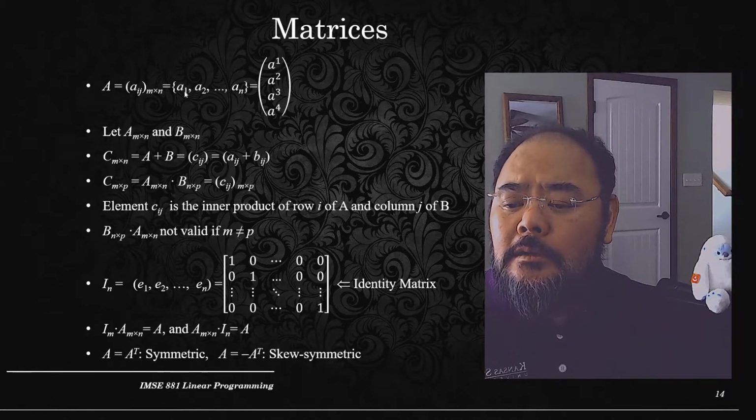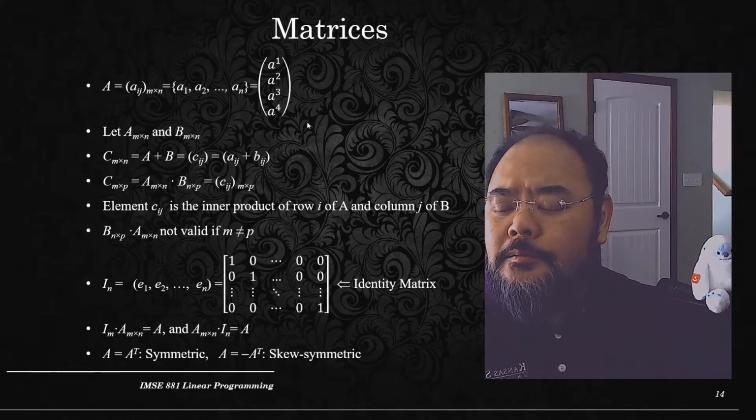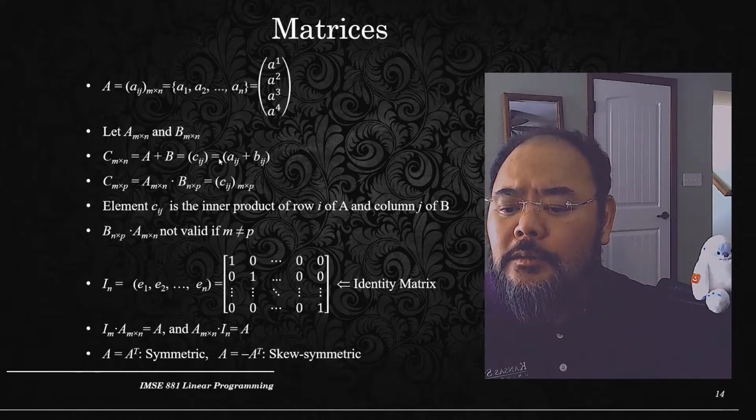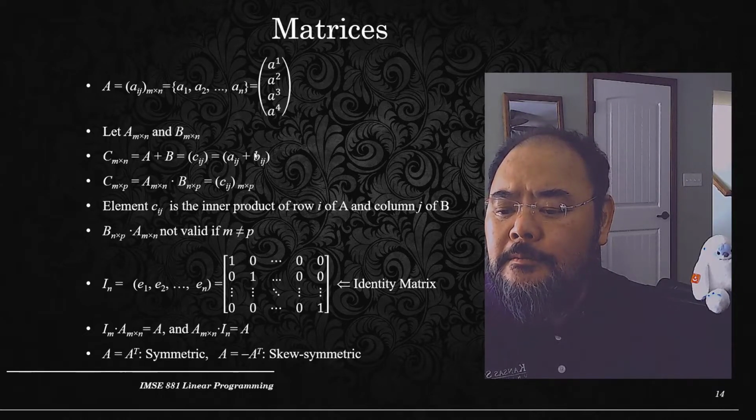The subscripts usually represent the columns, and the superscripts represent the rows. Okay? If we assume A and B are both m by n matrices, and C is A plus B, then each individual element is added together from the A matrix to the B matrix.